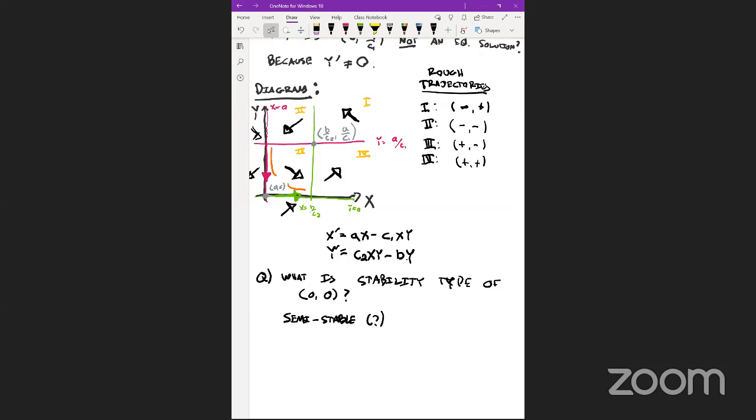So what we're seeing here is the interpretation that I give: if x is small and y is large, so you have a small prey population but a large predator population, then the predator population falls until it's below a certain threshold.